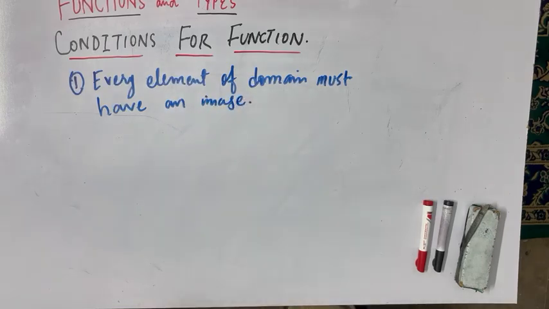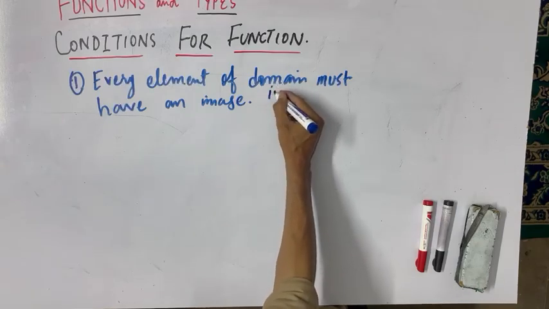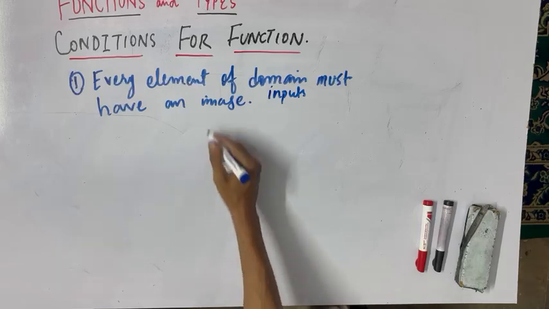Now going back to that example of a switchboard and the appliances in the room. If there is a button on the switchboard and I am pressing it and nothing is turning on, it means that there is an input but there is no output for it. So that will not be considered a function. Domain means inputs, and must have an image means output.